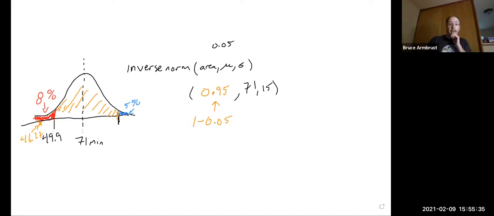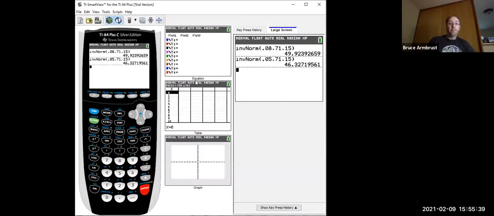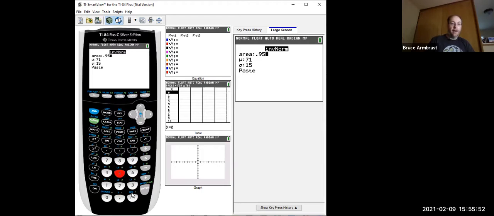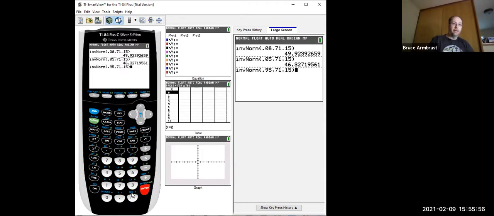So let's go take a look at it again. We'll go back to the TI 89 or 84 here. Let's do distribution, inverse norm. This time, let's do 0.95, but same mean, same standard deviation. And you notice the number that we get now is like 95.67.